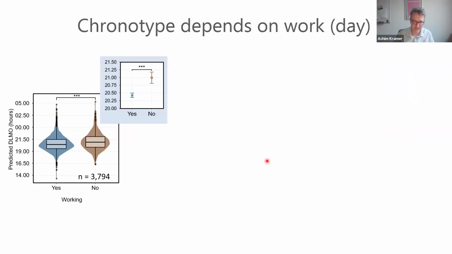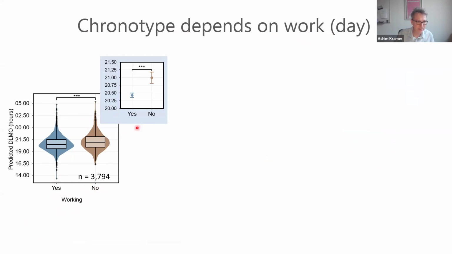So we looked at working and non-working, and found chronotype depends on work. And when we ask, and this is all age and sex corrected data, do you work or not?